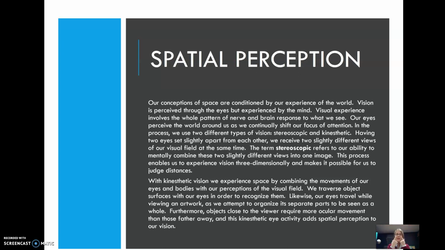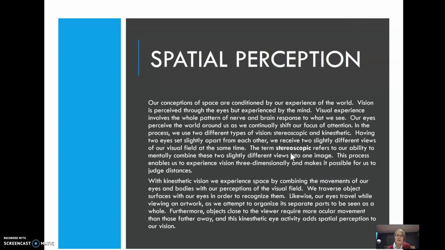So we have two eyes that are slightly apart from each other. We're actually receiving two different views, because if you close your right eye and just look out of your left eye, there's one camera, so to speak. But if you close your left eye and you look out of your right eye, you're seeing things similarly, but differently. It's like two different cameras, okay? But then our brain has to make those two views combine into one.